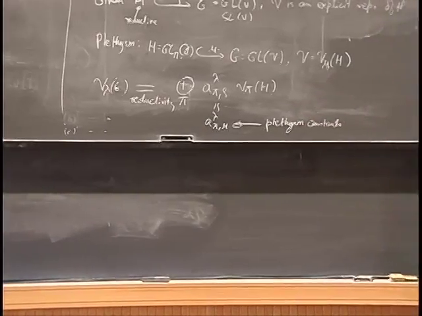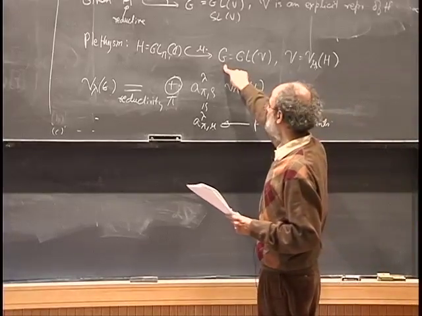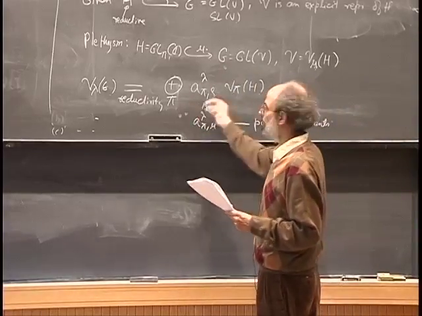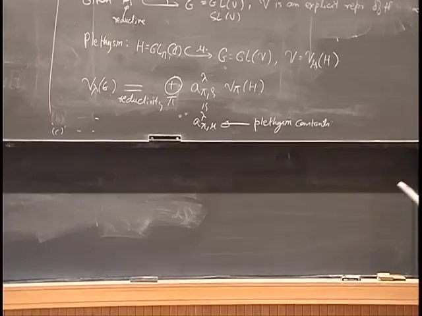So given a module of the big group, split it as a module of the small group and take the multiplicities.